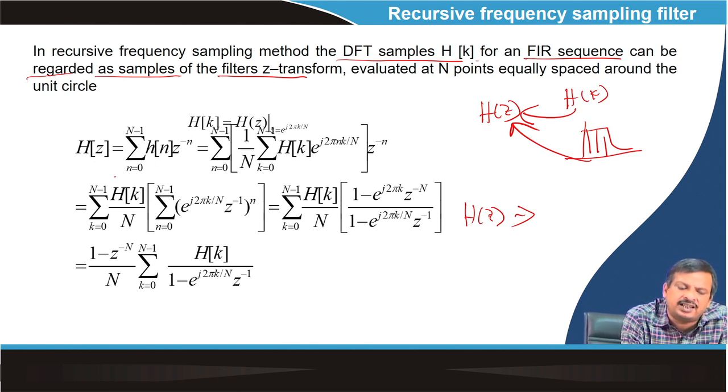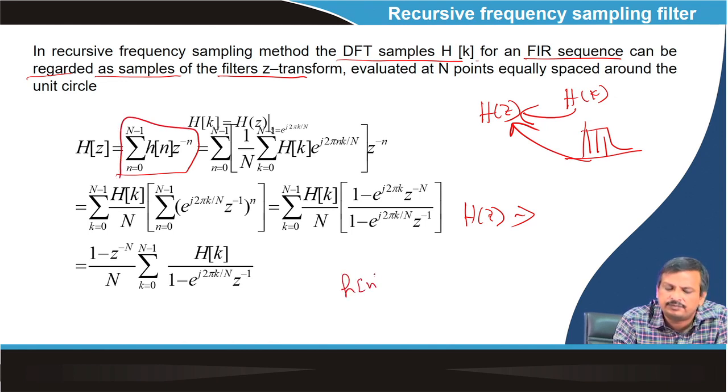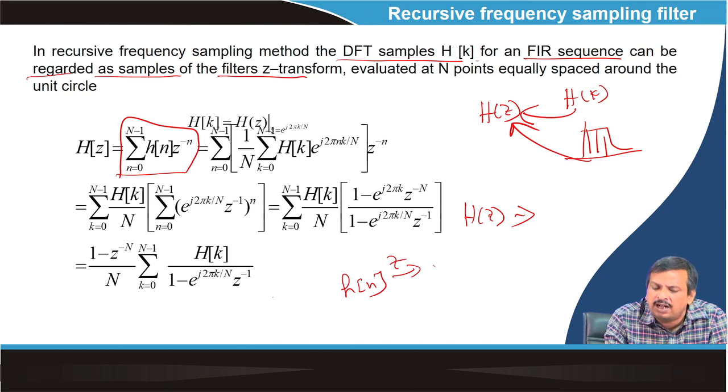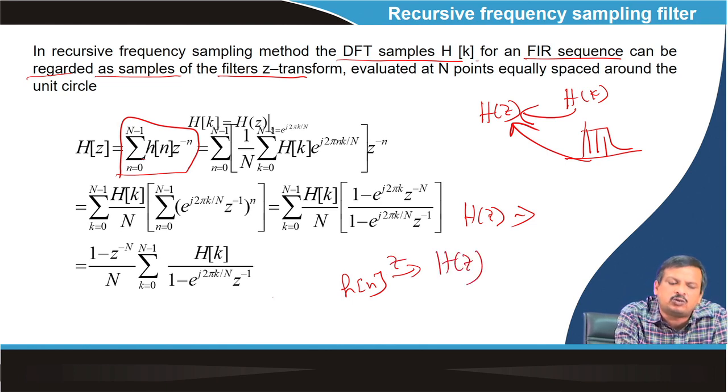H of z is nothing but the Z transform of the impulse response h of n. If h of n is the impulse response of the filter, and I take the Z transform, I get H of z. So H of z is the sum over n equal to 0 to N minus 1 of h of n z to the power minus n.